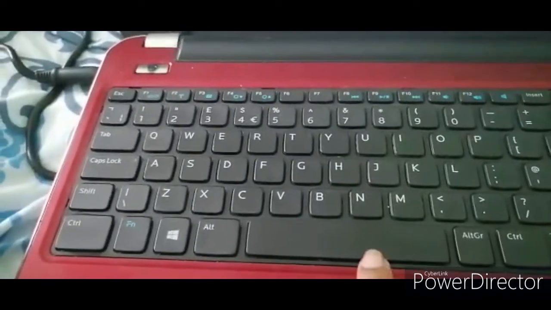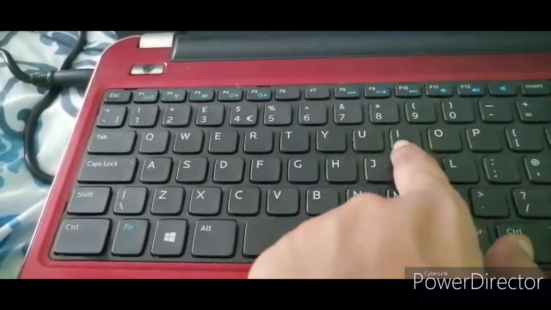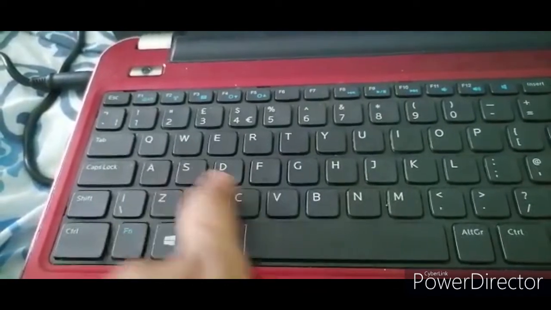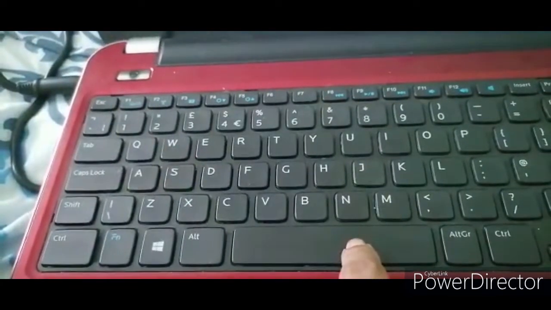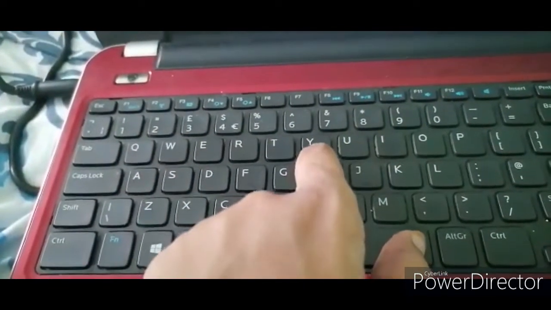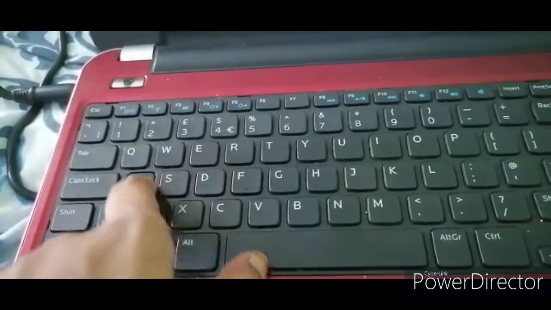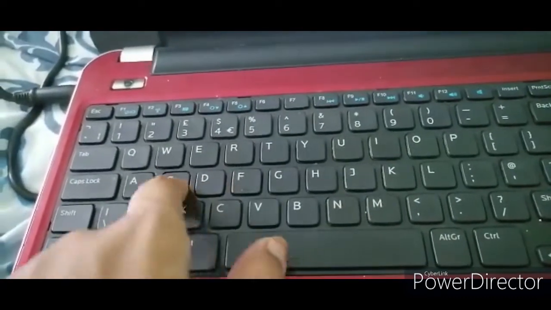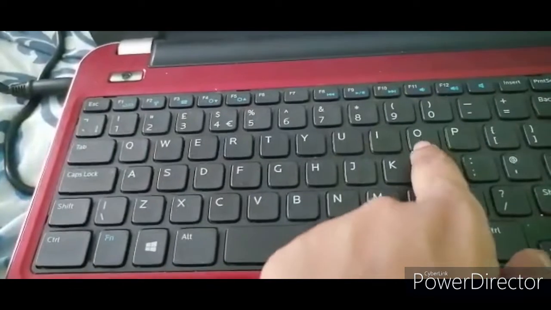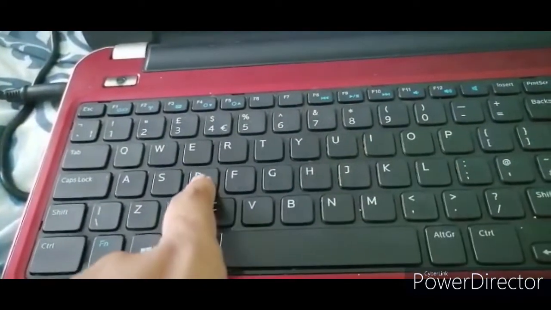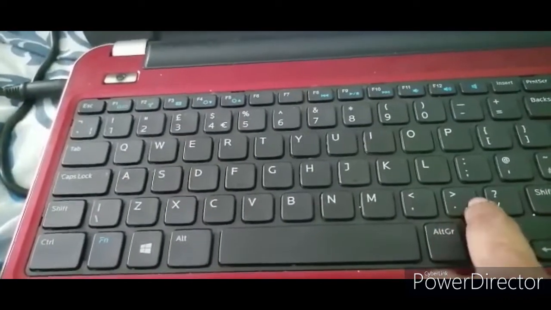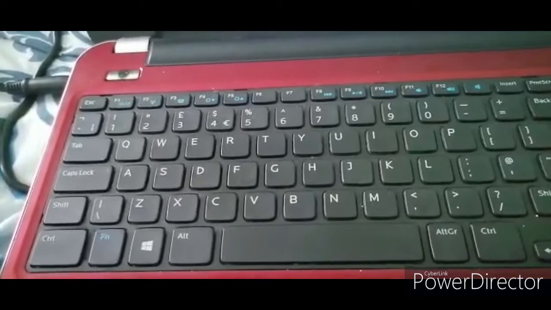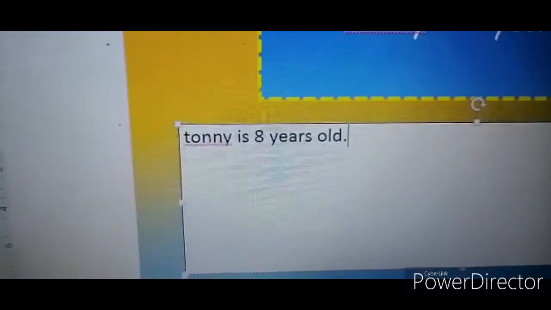We press the space bar. Is. Space. 8. Space again. Years. Space. Old. And at the end of a sentence we have a dot. So here is our answer.